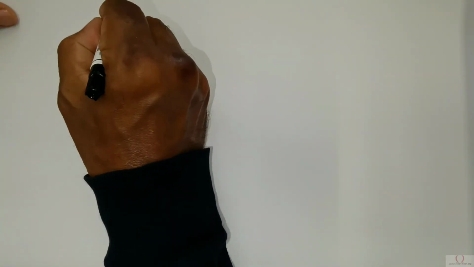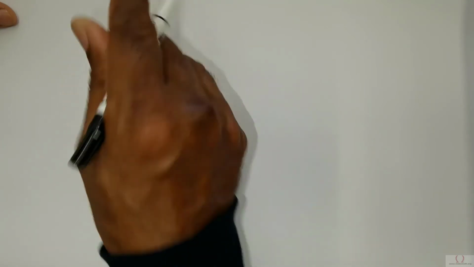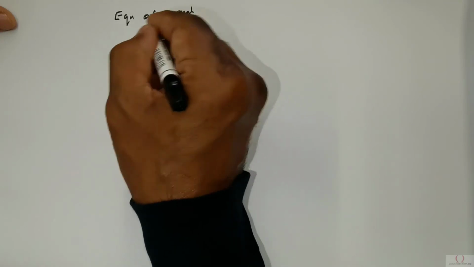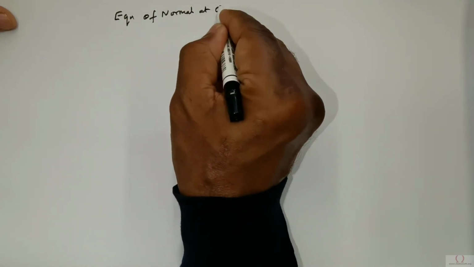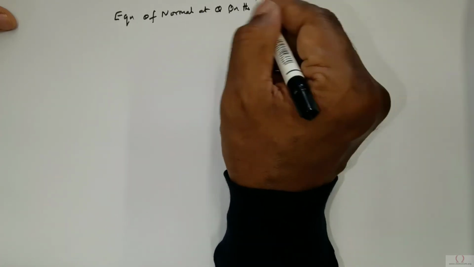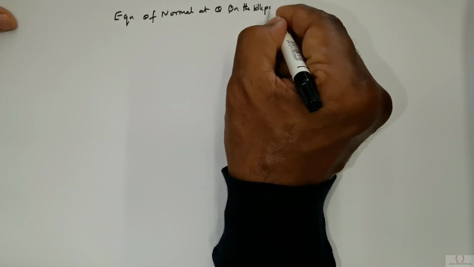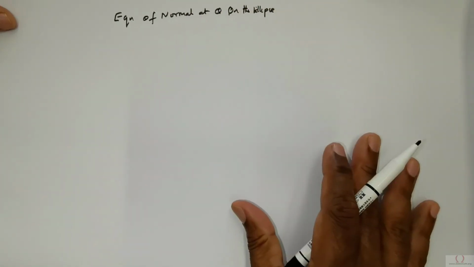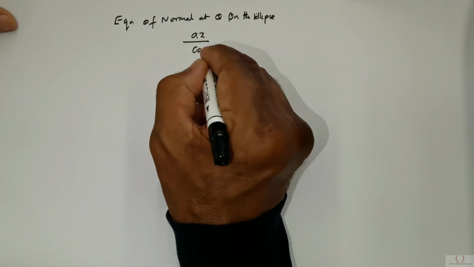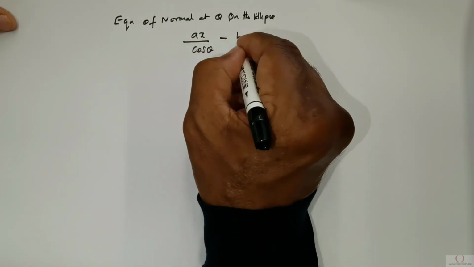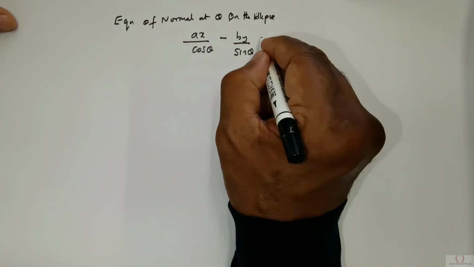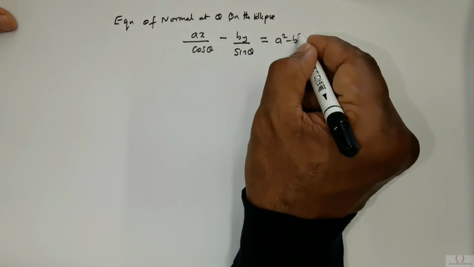Now students, we have to obtain the equation of the normal. We know that the equation of the normal at a point θ on the ellipse is given as ax divided by cos θ − by divided by sin θ = a² − b².